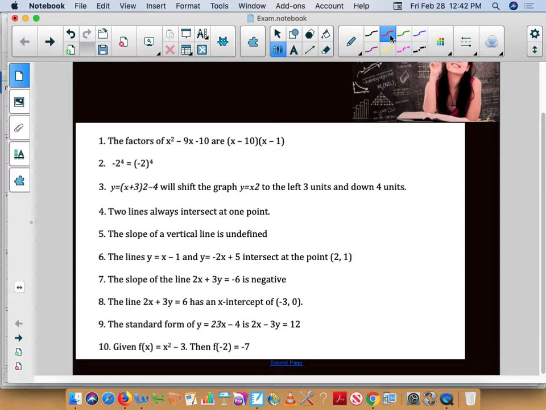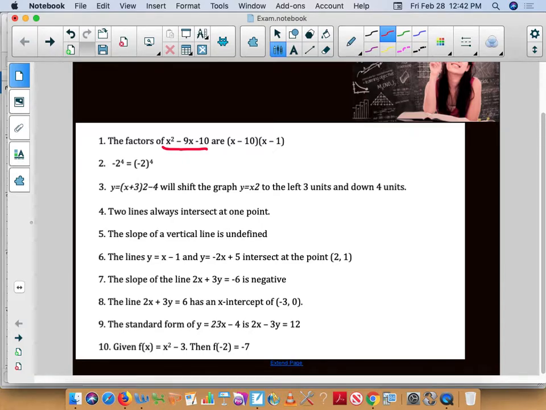You do not have to be able to factor what we call a trinomial yet. However, you certainly should be able to answer true, false, and multiple choice questions on them to get you started thinking about factoring. So you can find out if this one's true or false, even if you don't think you could factor that based on what you learned last year. Most of you probably could. But I can certainly just FOIL it and find out, can't I? Just distribute and see if it's true or false.